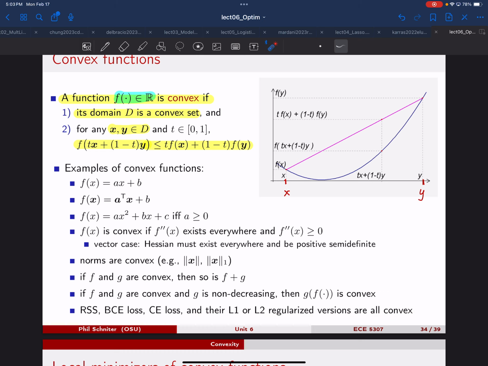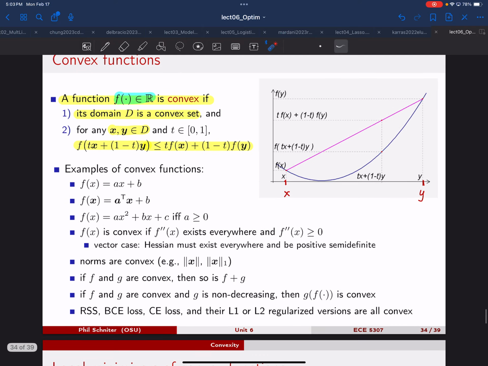So this is everything we've looked at in this class so far in detail: RSS, ridge, lasso, everything we looked at for logistic regression. All of that has been convex so far. We'll start to move into non-convex things when we talk about neural networks. But for now, pretty much everything's been convex.